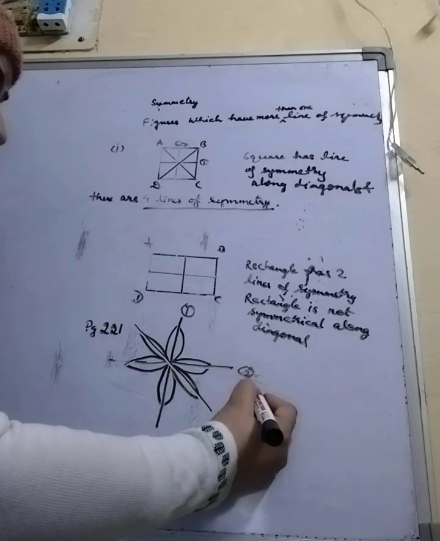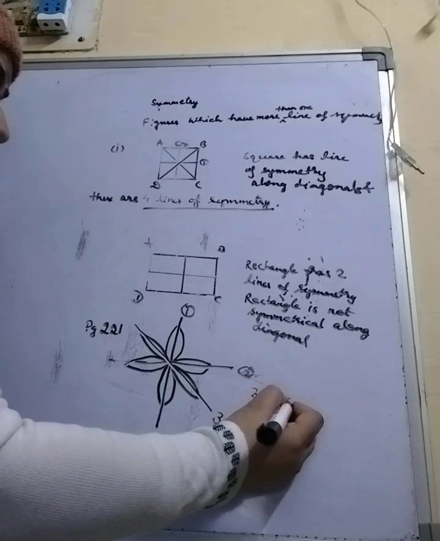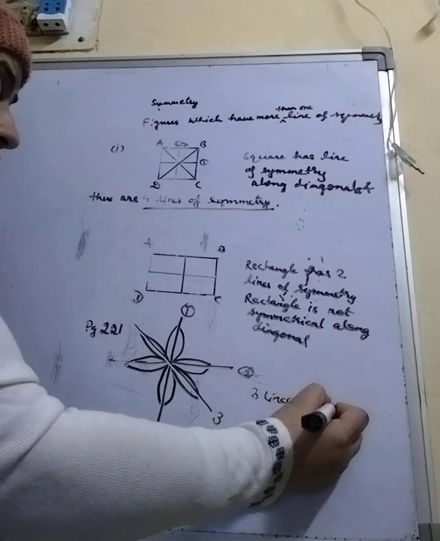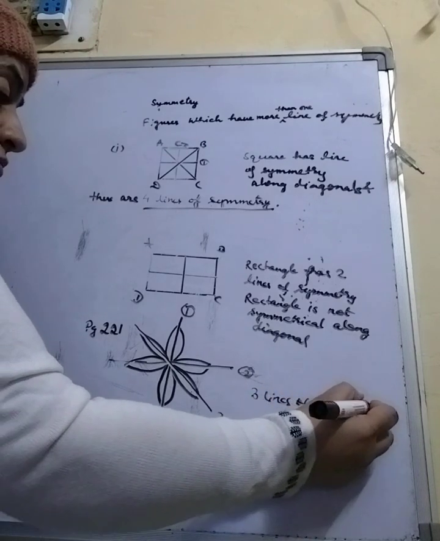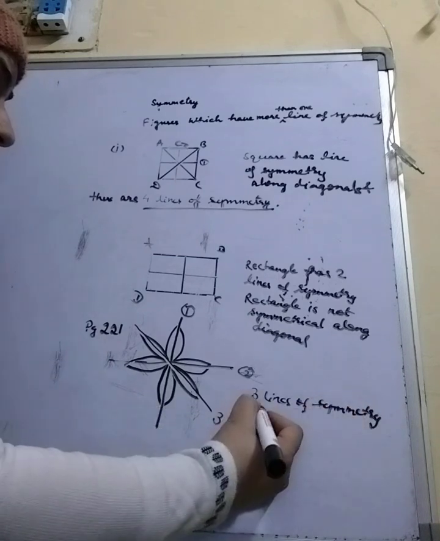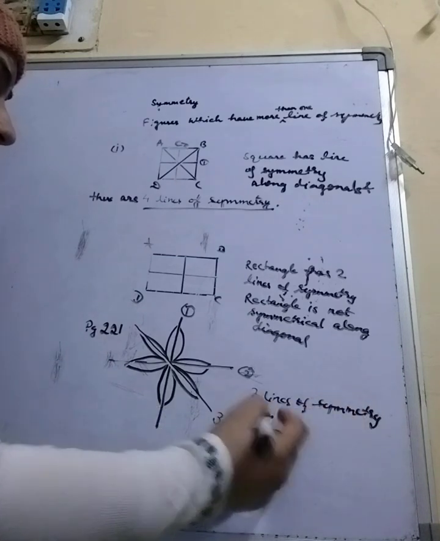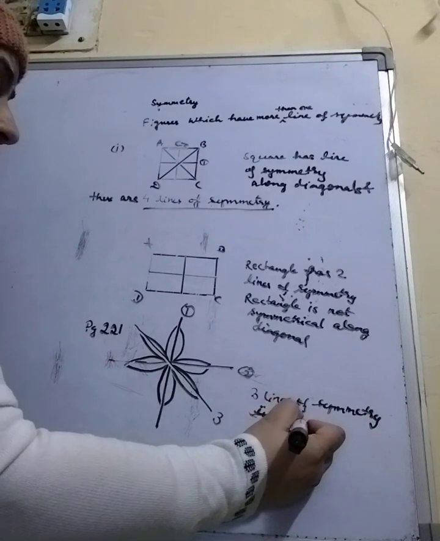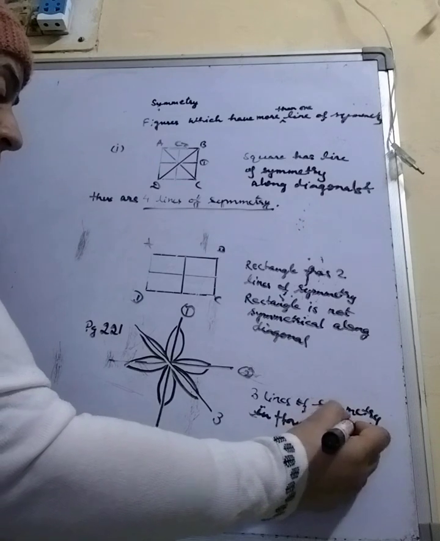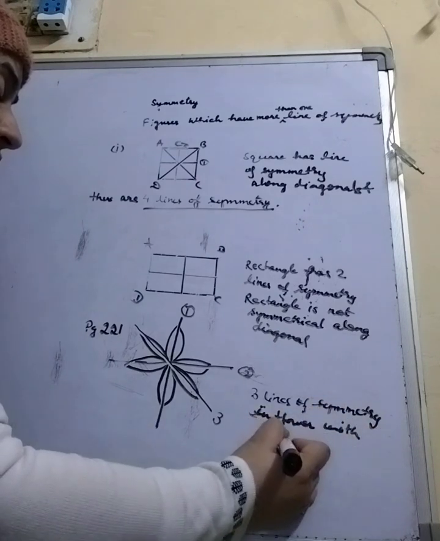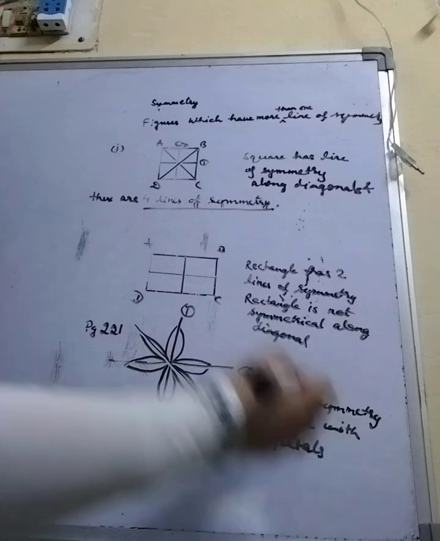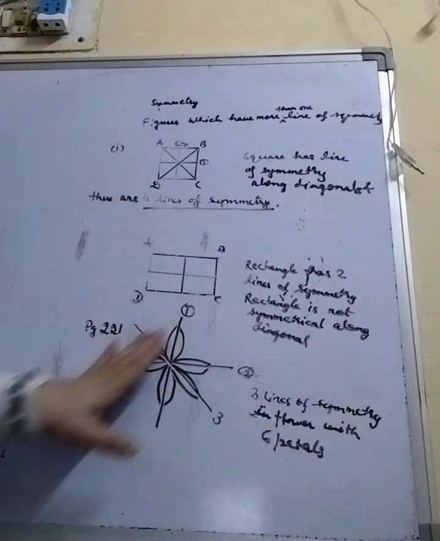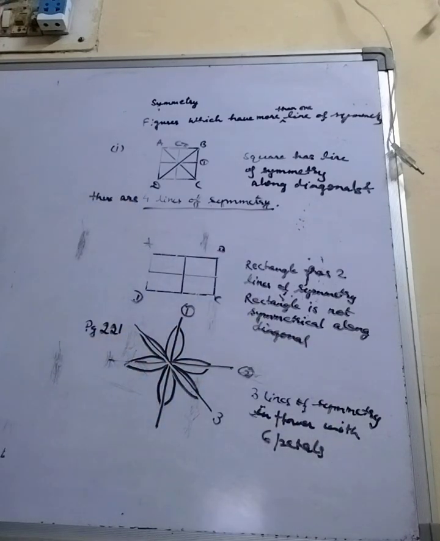So basically there are three lines of symmetry in a flower with six petals. If you increase the number of petals, the lines of symmetry would also increase. So you have to look into it.